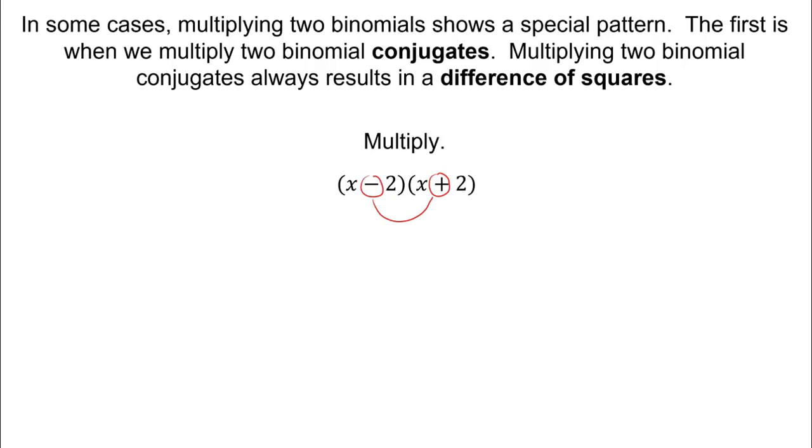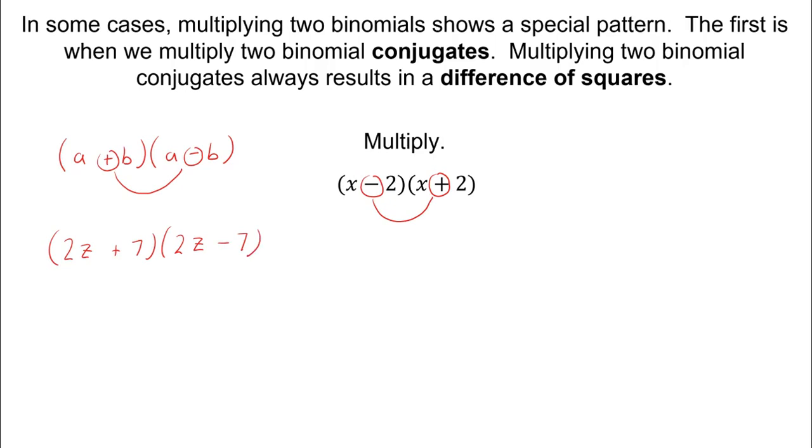Some other examples of conjugates might be a plus b and a minus b. Notice they are exactly the same except for the sign in the middle. Another example might be 2z plus 7 and maybe 2z minus 7.